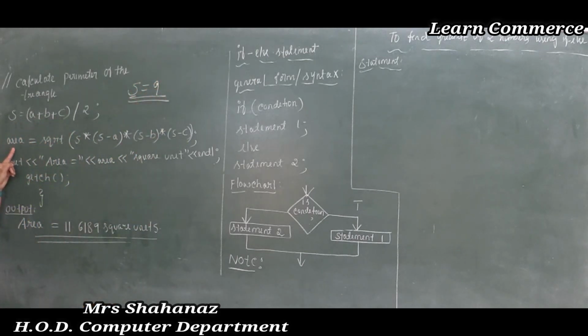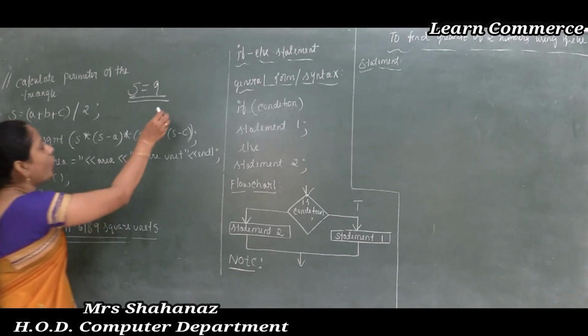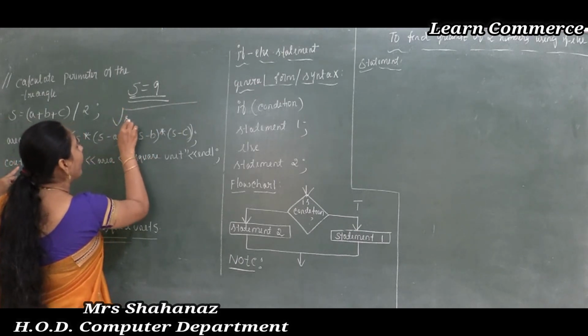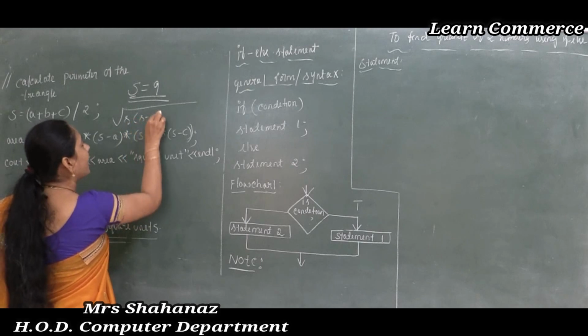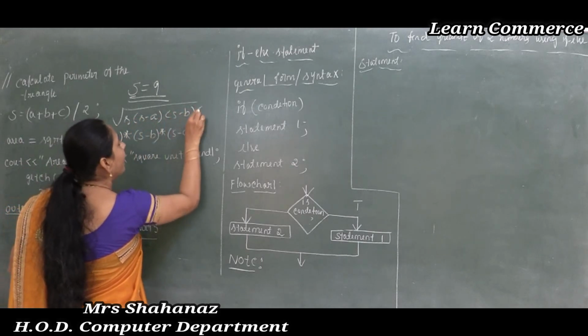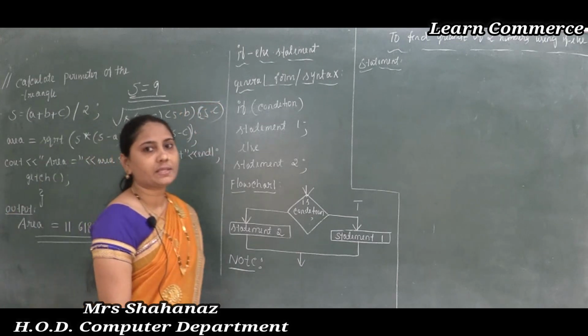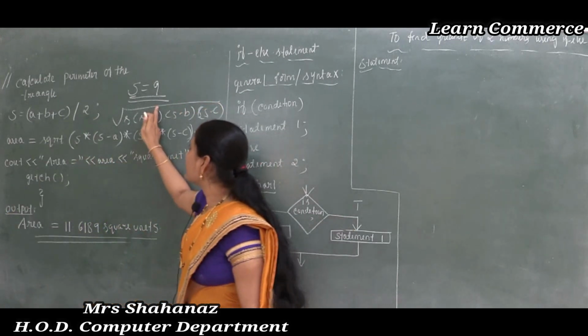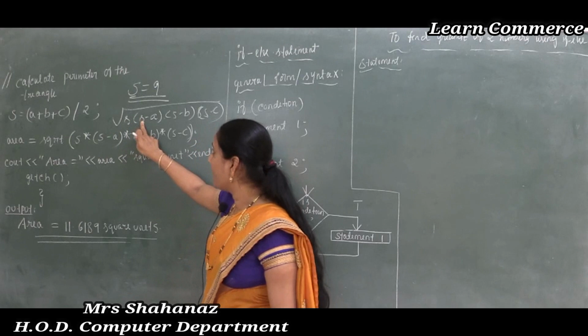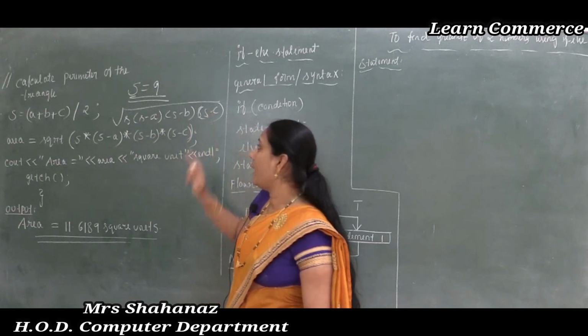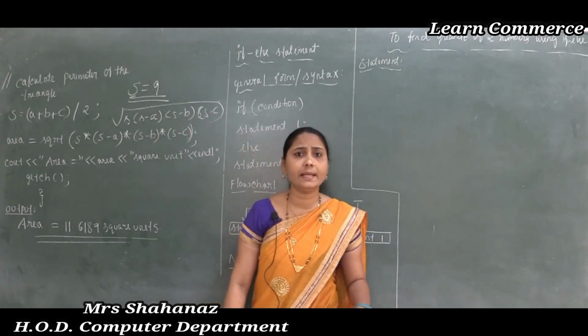And later, after getting the S value, now I can find the area of a triangle. As we know, the area of a triangle is written as the square root of S minus A, S minus B, and S minus C, correct? So the square root of S minus A, S minus B and S minus C in this case here.